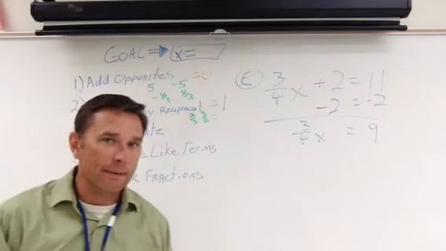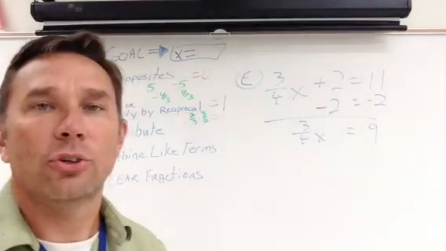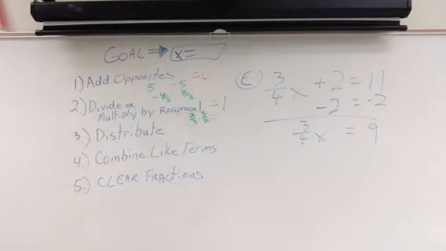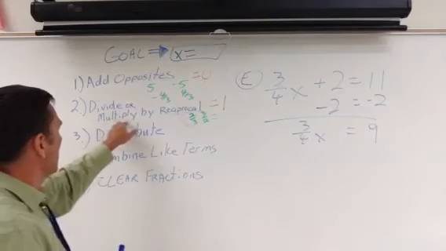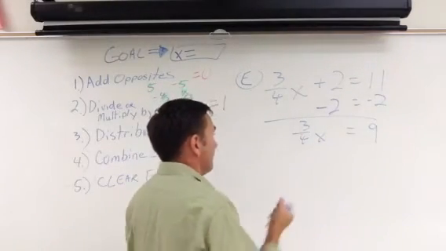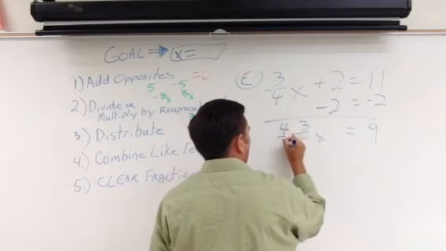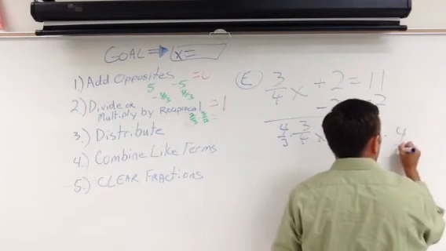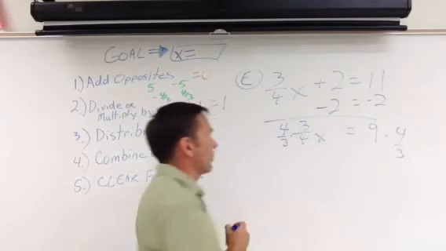Now, instead of dividing, it's kind of hard to divide fractions. This is where we multiply by the reciprocal. The reciprocal of 3/4 is 4/3. So we're going to multiply by 4/3.